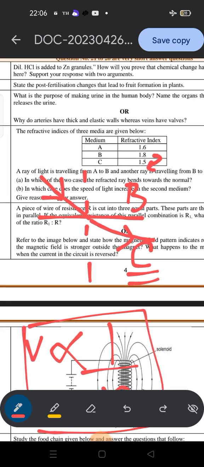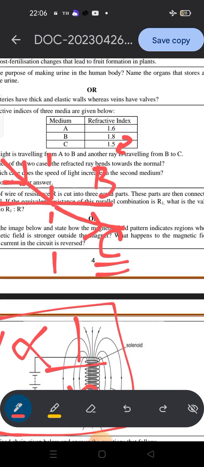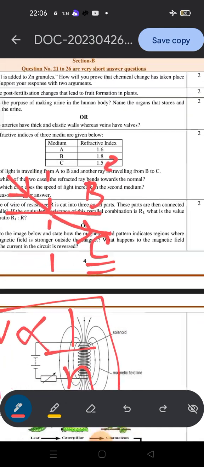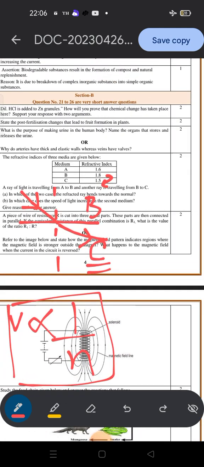But here they're talking about the increase in speed of light, and you can see that because the ray of light is traveling from B to C, this is the first medium, which is the denser medium here, because B has more refractive index than medium C, whereas C is a rarer medium.